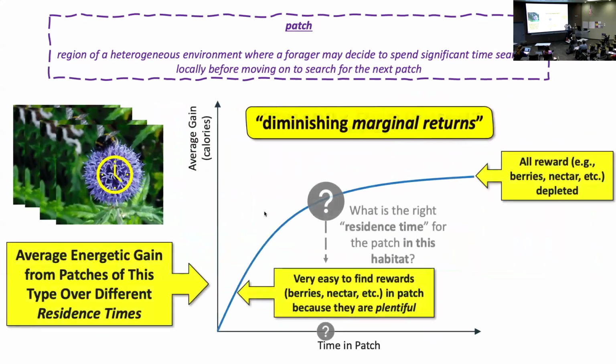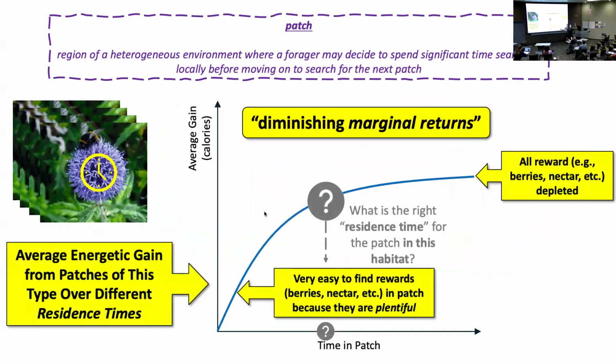So what we talked about is that the way this is typically modeled is you form this sort of instantaneous gain characterization of each patch type. So this is saying for flowers of this type, inflorescences, whatever it may be, you spend a certain amount of time in there, and then on average, you get a certain gain out.